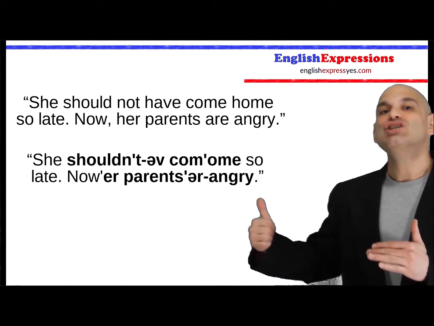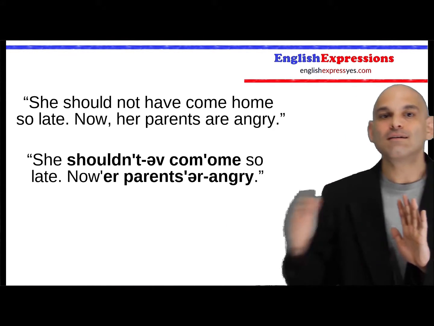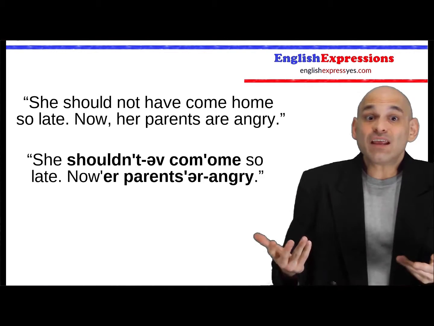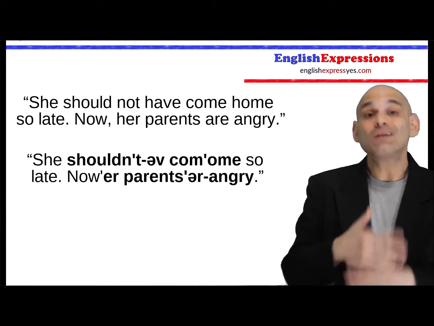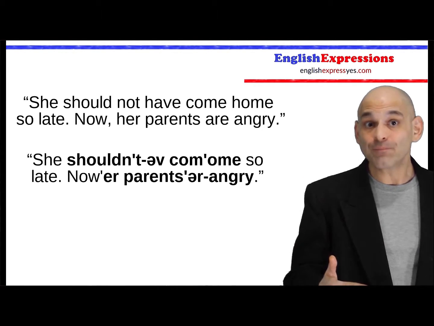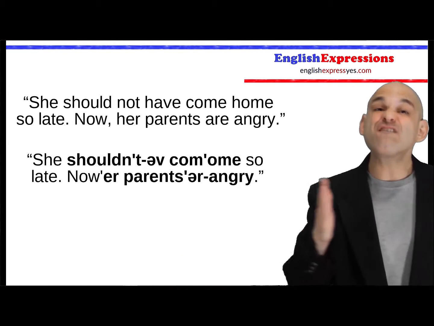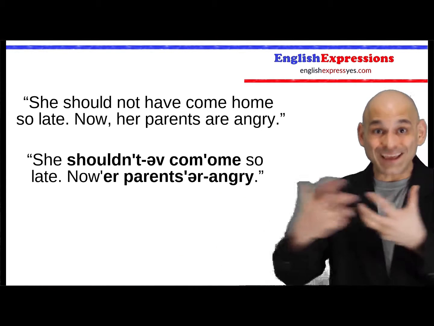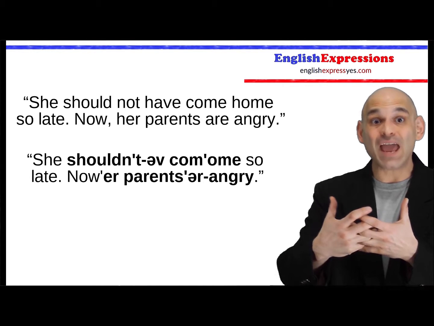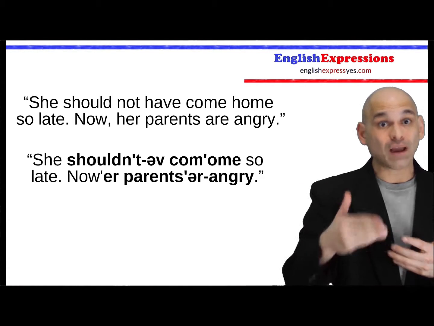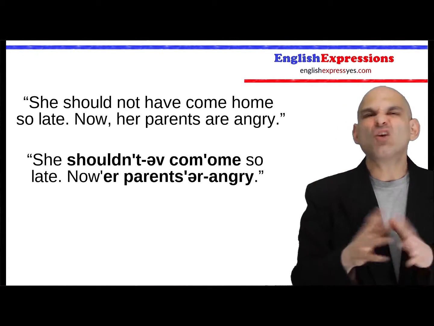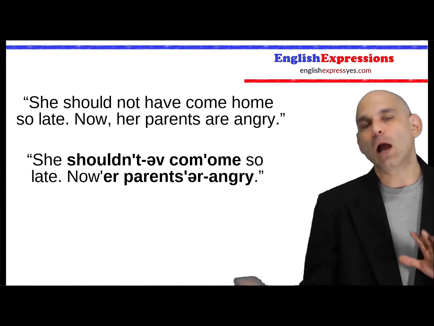Okay, so she shouldn't have. And sometimes, even if the next verb is not a vowel, sometimes we say of. So she shouldn't have come home. So we link those come and home together. And notice how from before, as I said, H does not link well. So we drop the H. Come home.